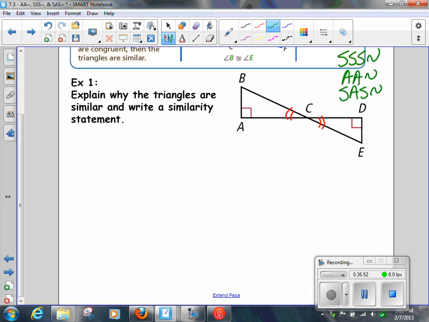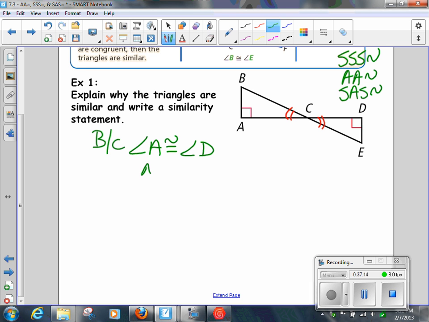Why? Because the only given information I have is about two of the given angles, isn't it? And I know that because angle A is congruent to angle who? Thank you.